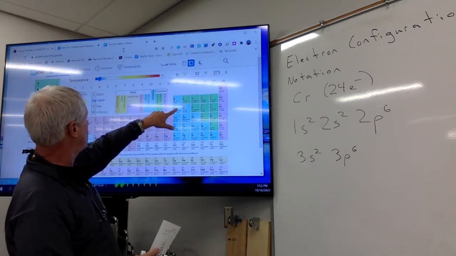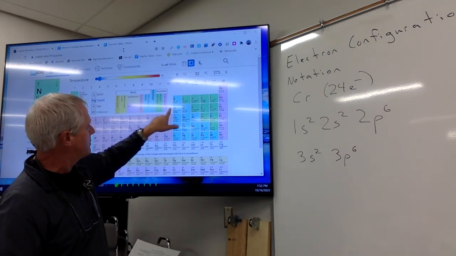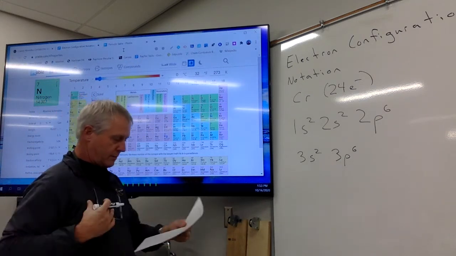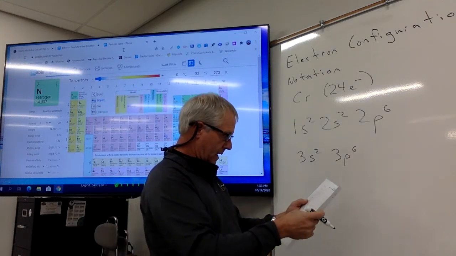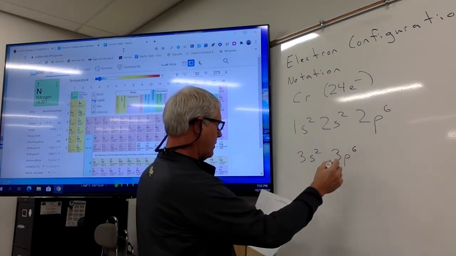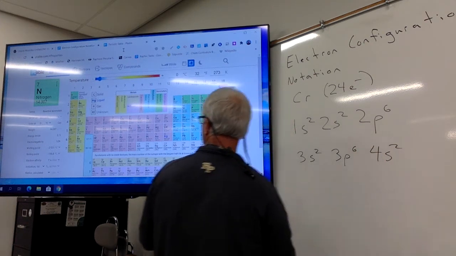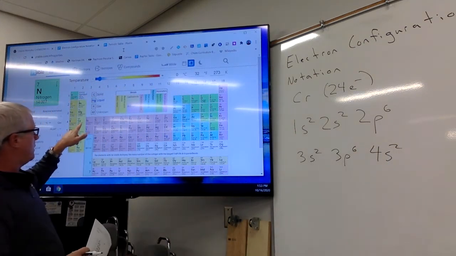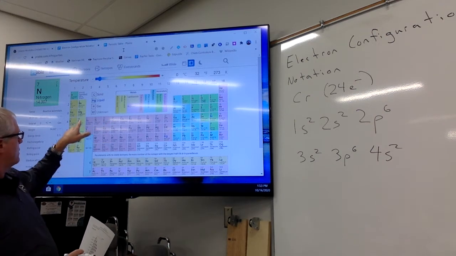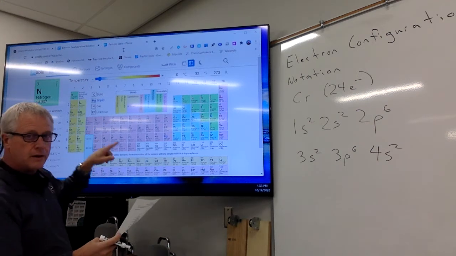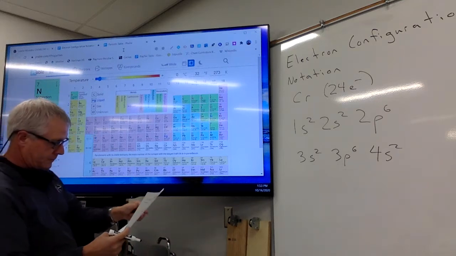This is the third energy level, and this is the 3p group. So it'd be 3p6. And then now we're going down here to 4s2, which would be over here. We're going to try to get to 24. After 4s2, we're at 20.